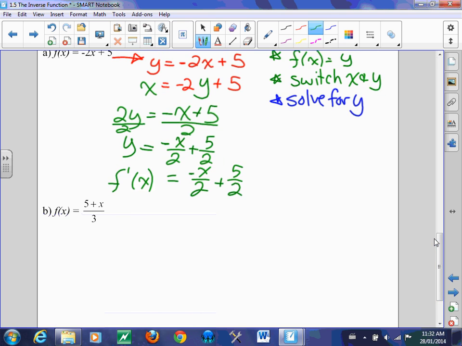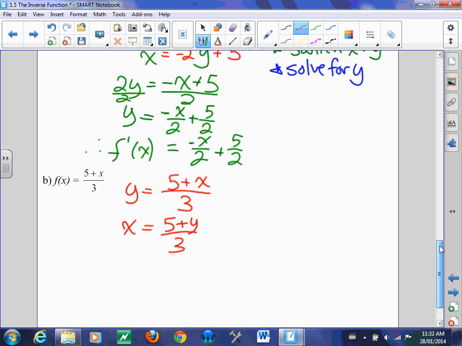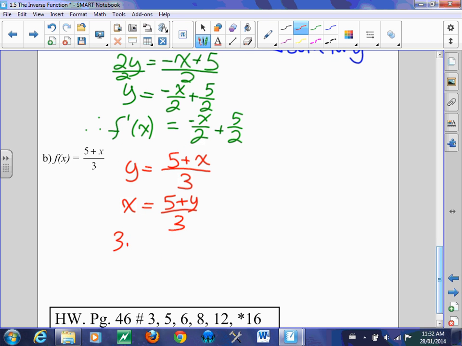All right. Okay. Let's try one more here. See if we can do it without the steps. So the first thing, you need to replace f of x with y, switch x and y, and then solve for y. So it's going to be 3x equals 5 plus y.